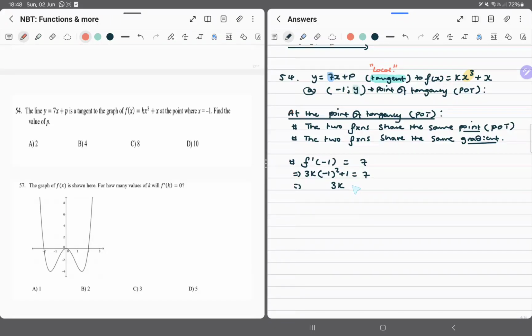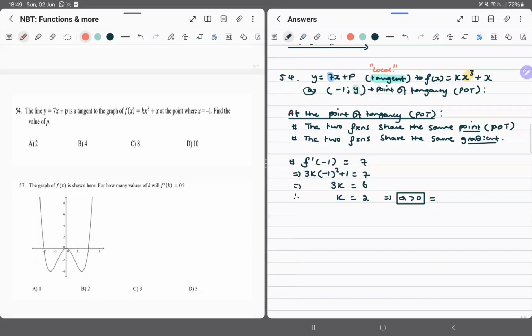There's just no way. So 7 minus 1 is 6. Therefore, k is 2. Can you see? If k is 2, this implies that a is greater than 0 in our expression.